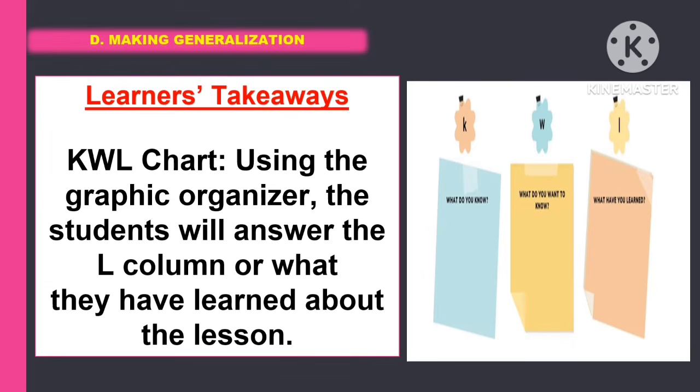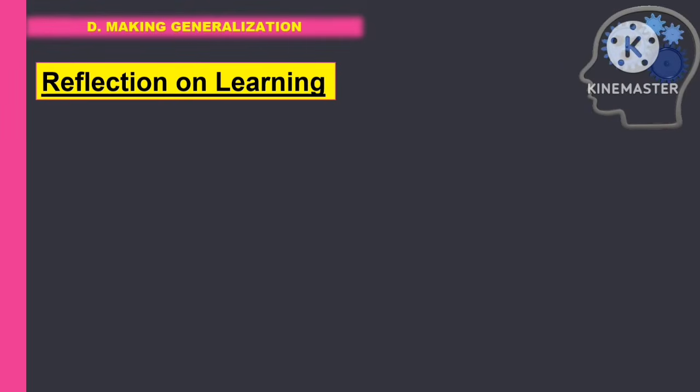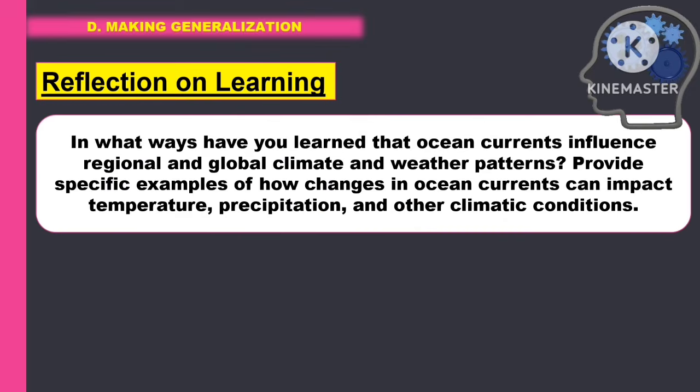In making of generalization for learners' takeaways, by using KWL chart using the graphic organizer, the students will answer the L column, or what they have learned about the lesson. And for the reflection on learning, the students will answer the following questions.